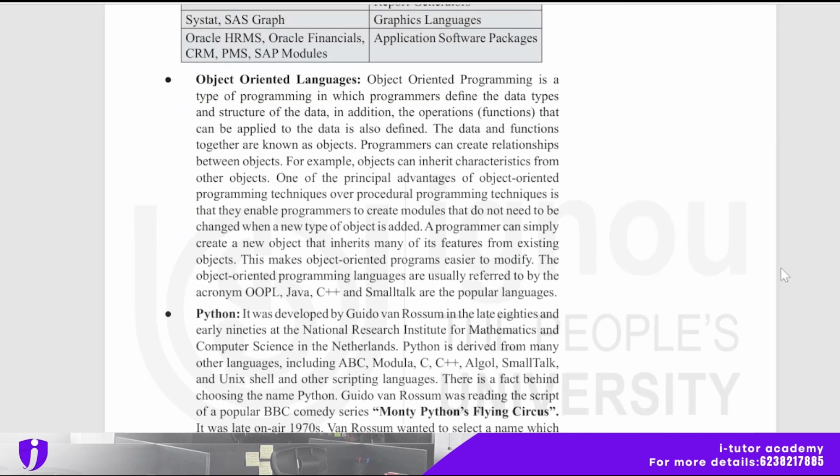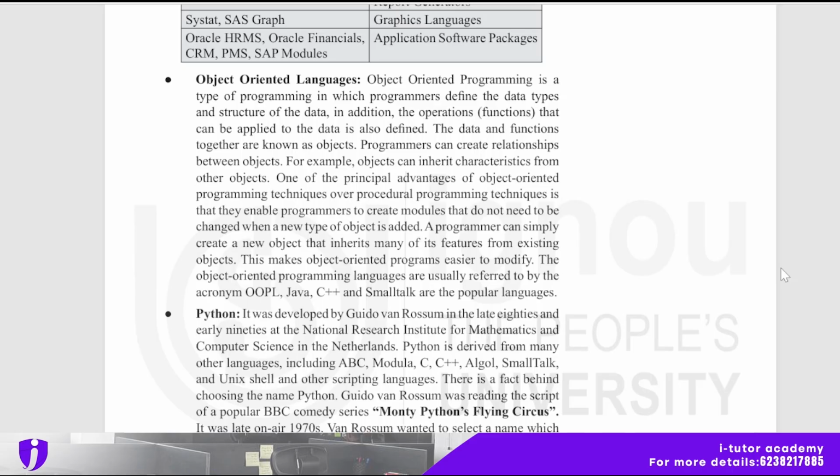And object oriented languages. Object oriented programming is a type of programming in which programmers define the data type and structure of the data. In addition, the operators, that is functions, that can be applied to the data are also defined. The data and functions together are known as objects.